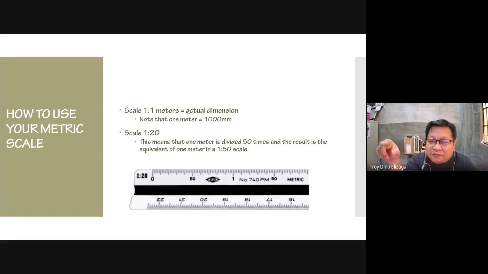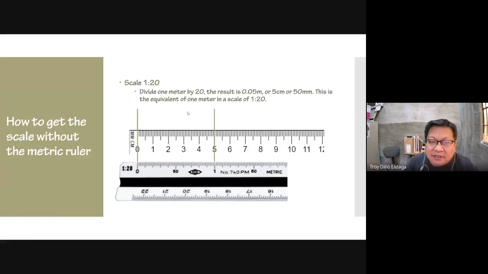But in a scale of 1:20, you're going to divide your 1 meter by 20, and the result is your 1 meter in a scale of 1:20. Okay, I'll show that to you in this next slide. So here, on top, is your ruler in 1:1.